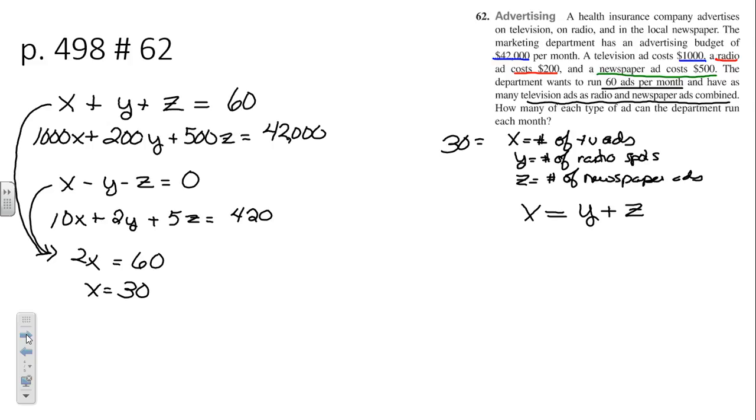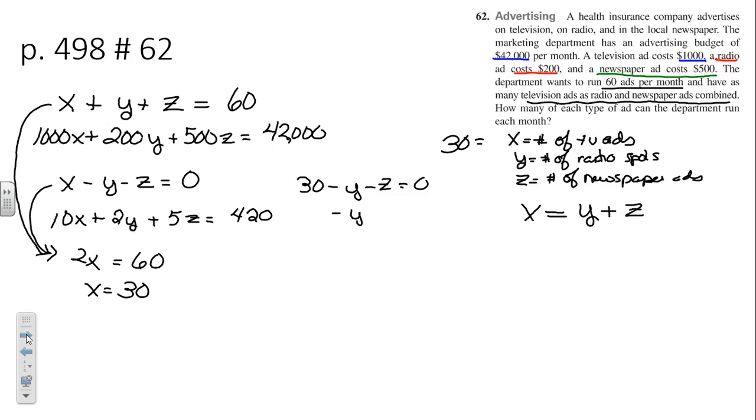So now that we know it's 30 TV ads, you can plug 30 into both of these, and you'll have just 2 equations with y and z. Or you could say, let's eliminate y next, or let's eliminate z next. So backward substitution: if you said this, then 30 minus y minus z equals 0.